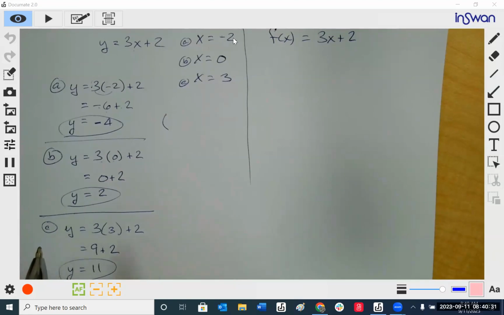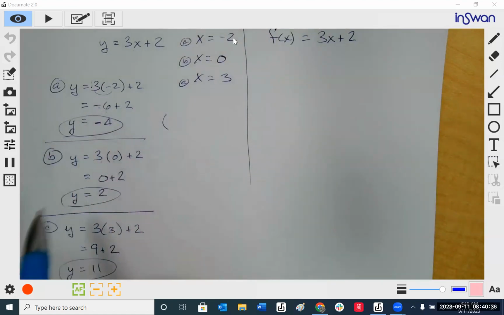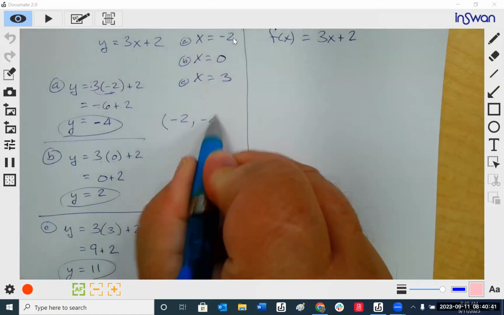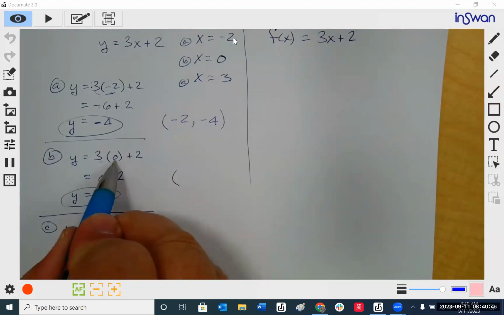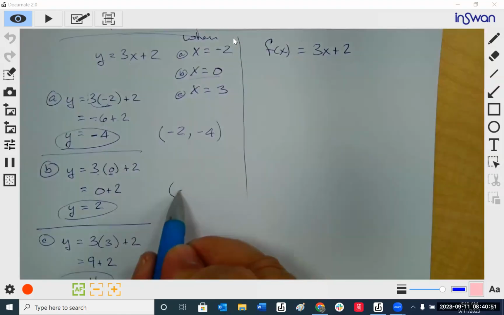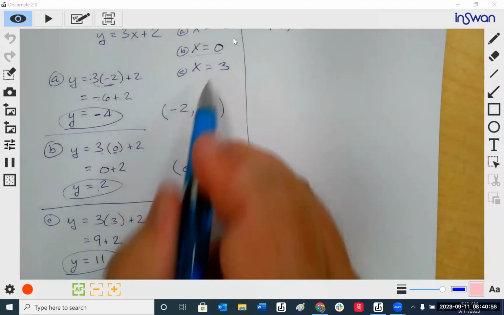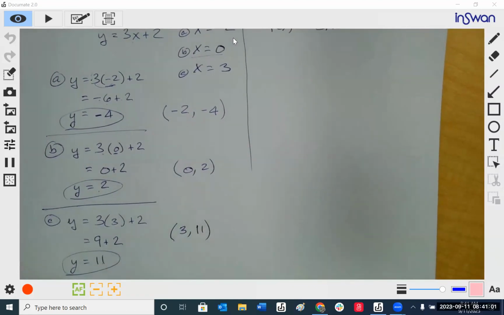What was the x value we put in there? We put in -2. The y value is -4. So we'd plot that point. In this one, we plugged in 0. X is 0, y is 2. The third one, x is 3, y is 11. So those are the 3 points. Whatever we put in, whatever we get out, that represents the location of a point.